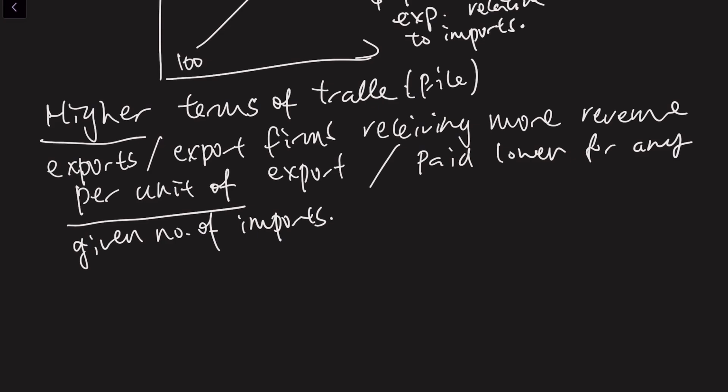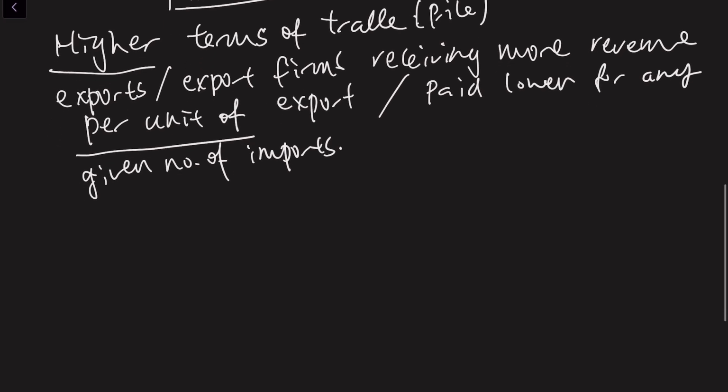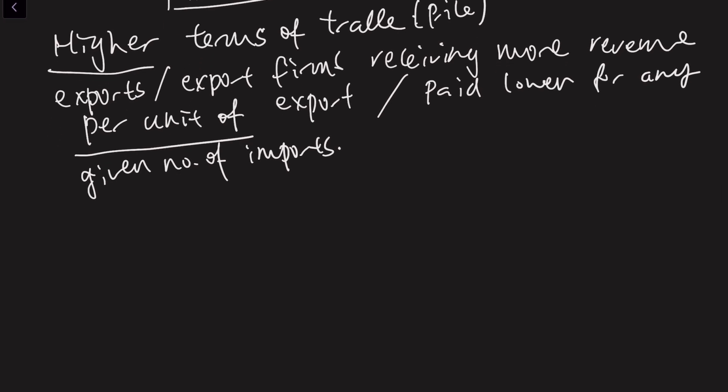It can also increase if the export price becomes higher. But both of this movement would be reflected as a higher terms of trade or an increase in terms of trade. So what is the significance of lower price of imports or higher price of exports? So this is another related topic.